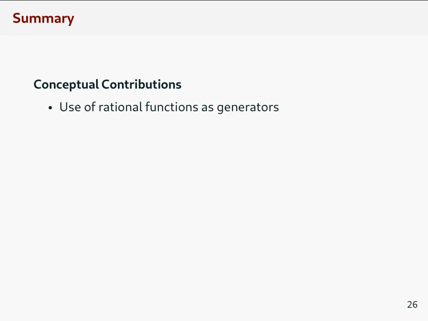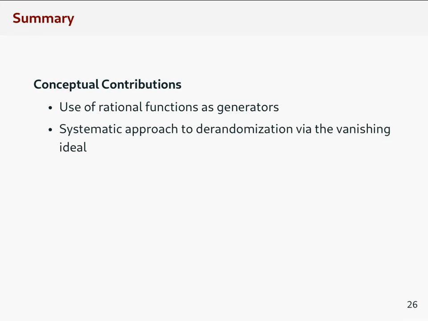So in summary, we took a look at a particular generator, the rational function evaluation generator, and through studying it, kind of demonstrated the utility of rational function substitutions as generators instead of just polynomial substitutions. We also demonstrated the systematic approach toward de-randomization by looking at the vanishing ideal, and in particular proved some results for ROABPs.